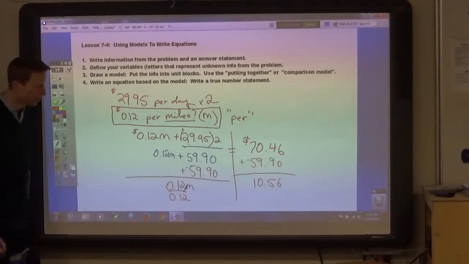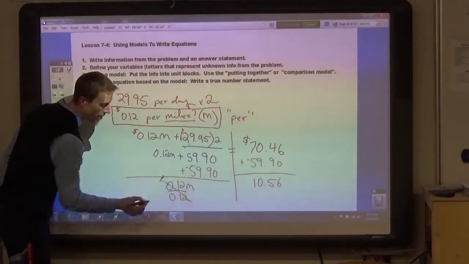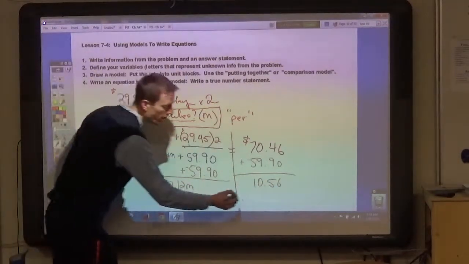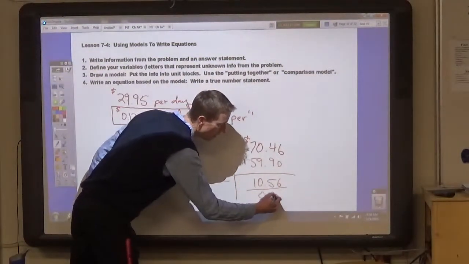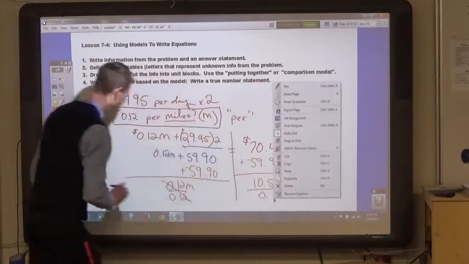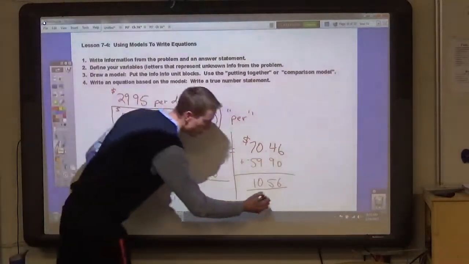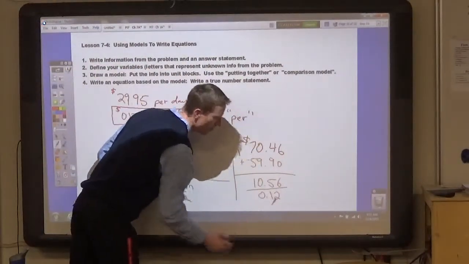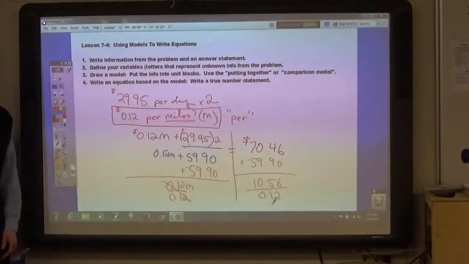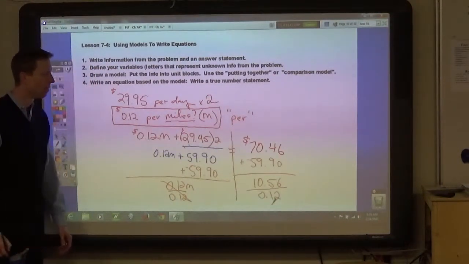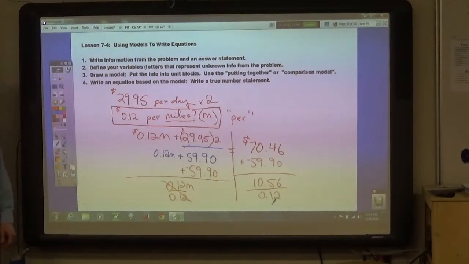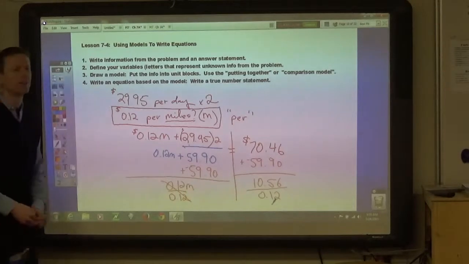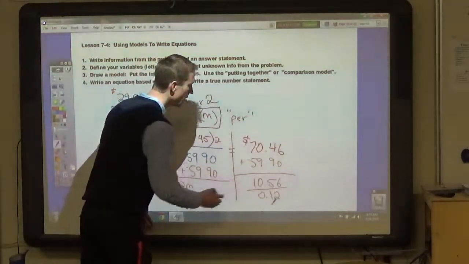And then you do the same thing to the other side. Right. Cross this off and do the same thing on the other side. Now you can use your calculator and find m. What do we get? 88. 88 miles. Yeah.